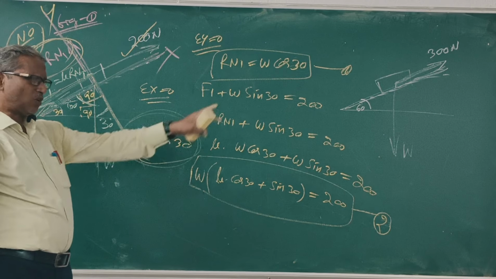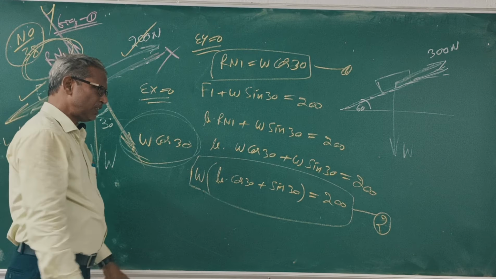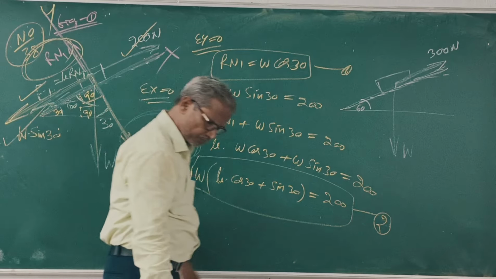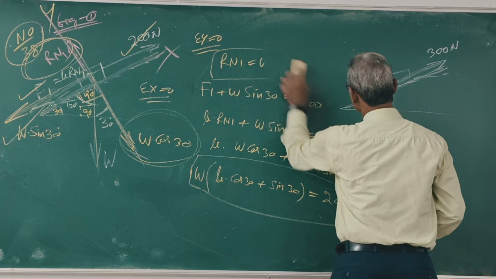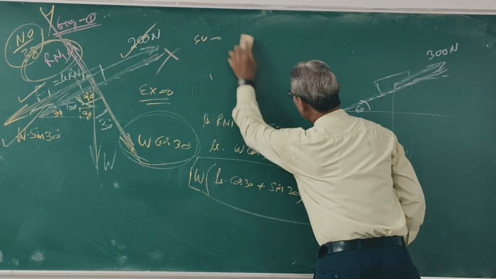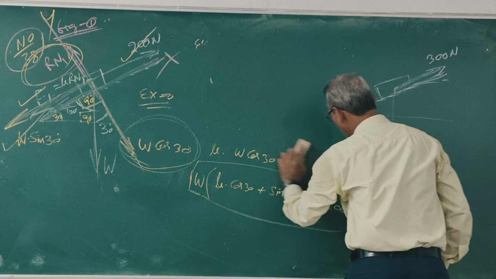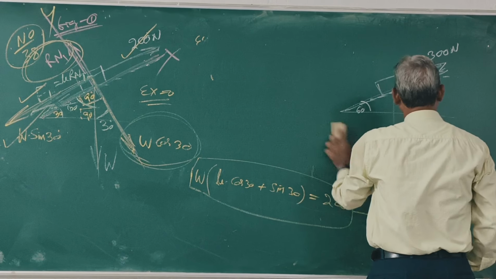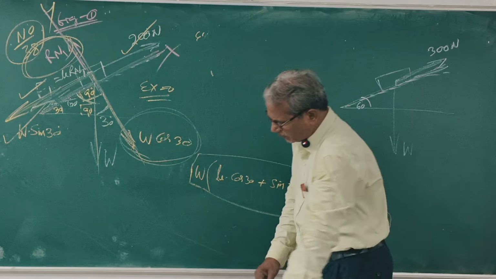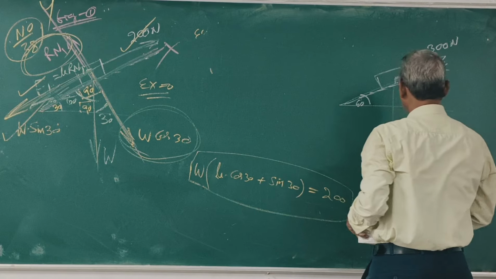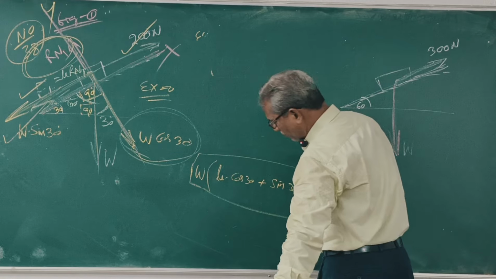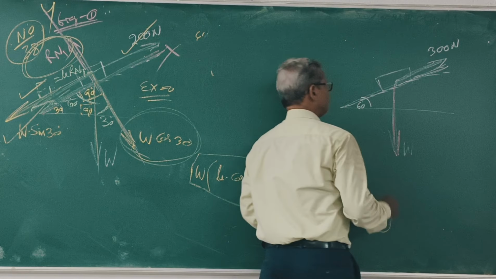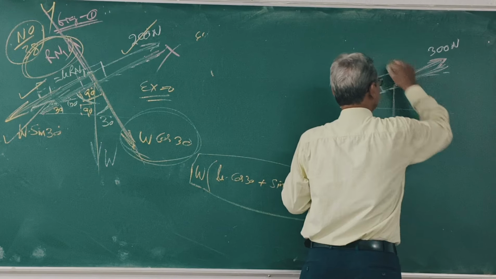Now come to figure 2. In this figure 2, this is W, weight W. This is 300 Newton. This is Rn2.